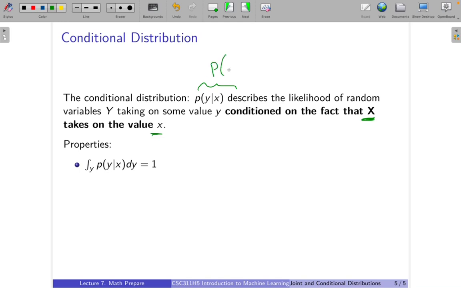Another way to write this is the probability that my random variable y is a value little y, given that my random variable x is this little x. So conditional distributions are distributions over y. So we still have this property. We also have the property that the probability of y given x is always positive.